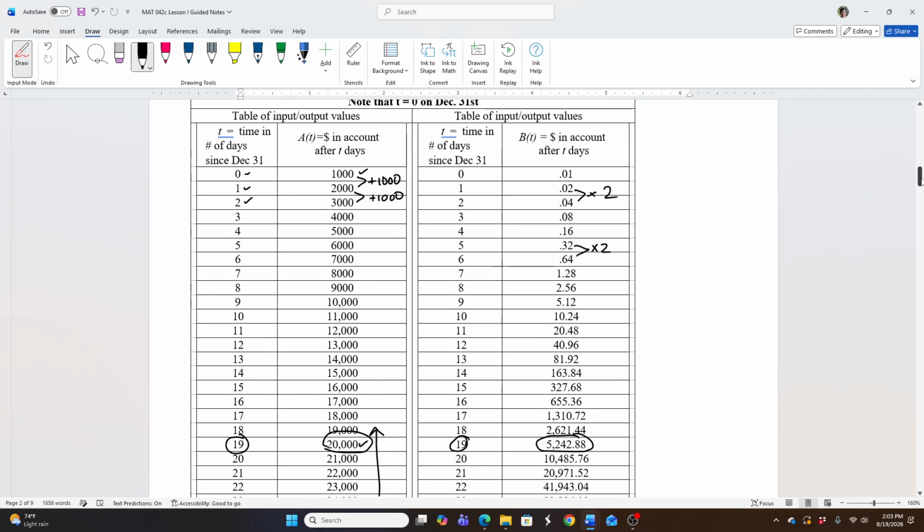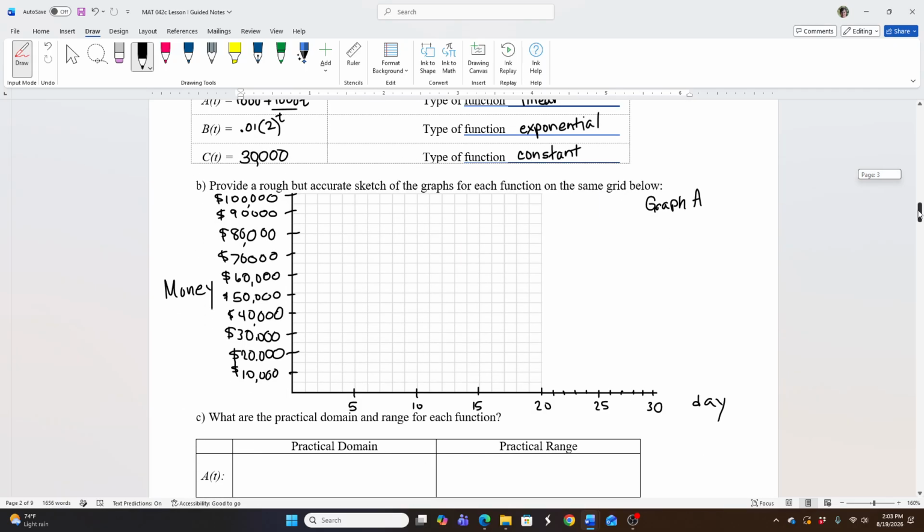I'm just going to graph some points. You can see here on my 5th day, I'm at $6,000. On my 13th day, I'm at $14,000. On my 22nd day, I'm at $23,000, etc. So if we graph those points, that will help us graph option A.